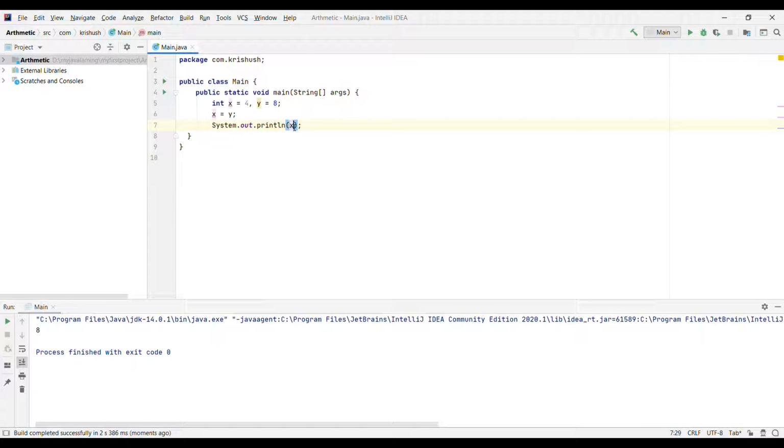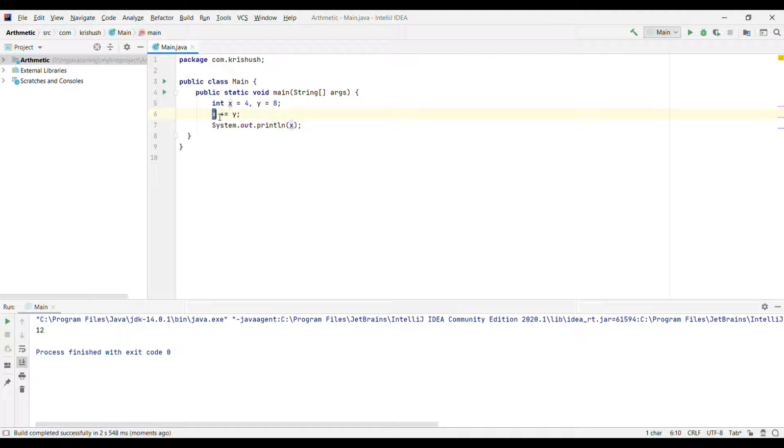Now let's write x plus equals y, and see what the output will be. Now the output is totally different. It is 12. Why is it 12?